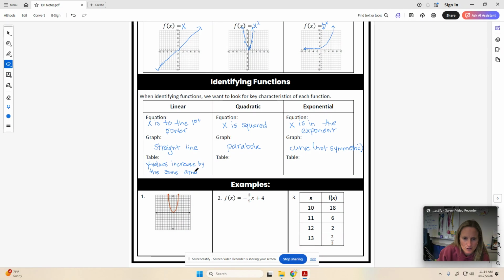Just that steady growth that just keeps moving up using that slope to give us that straight line. For a table of a quadratic function, that one's a little bit harder to find, but it has a constant second difference, and I will explain what that means.